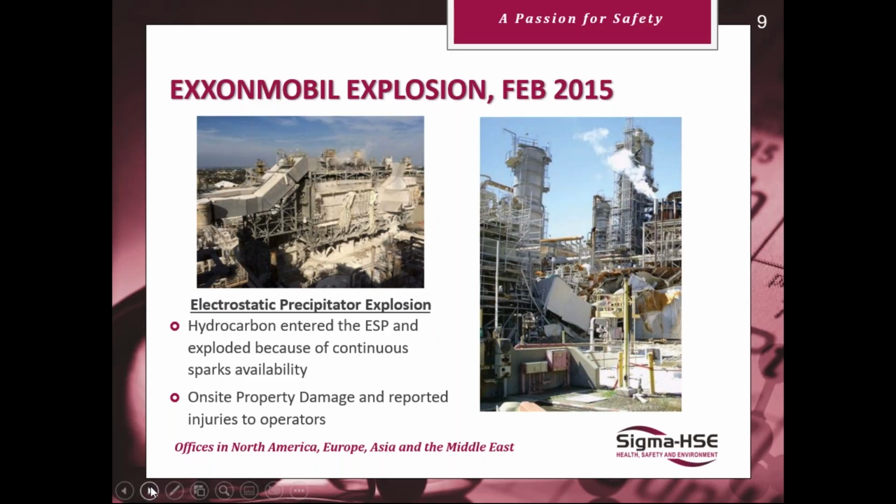But they failed to do that. They failed to identify how hydrocarbon vapor could enter into the ESP. And once it did, the inevitable happened. The continuous sparks were of sufficient strength to ignite the atmosphere. This caused on-site property damage and injuries to operators.